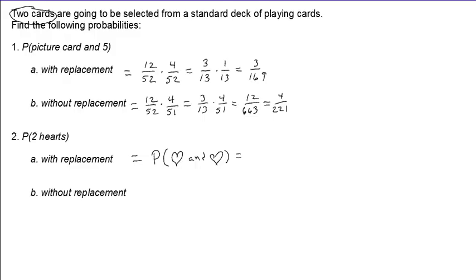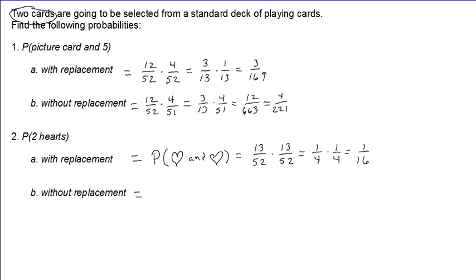So with replacement, the probability the first card is a heart is 13 out of 52, times the probability the second card is a heart is 13 out of 52. Both of those 13 out of 52s reduce to 1 over 4, and so the probability that I get 2 hearts when I replace the cards is that it'll happen 1 time out of 16 times.